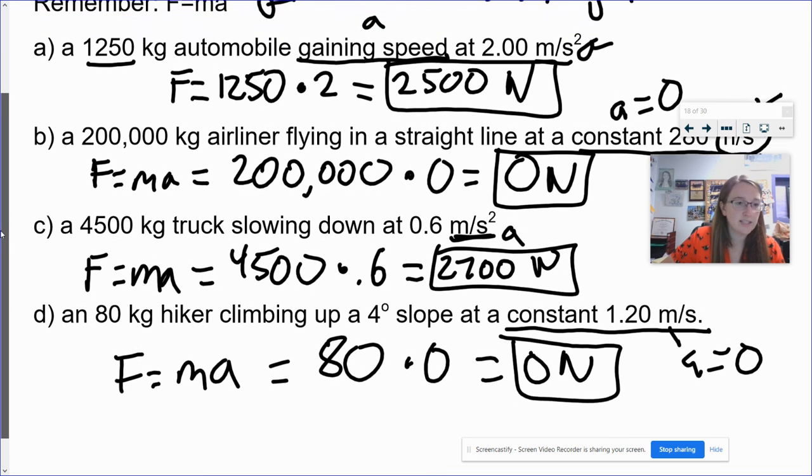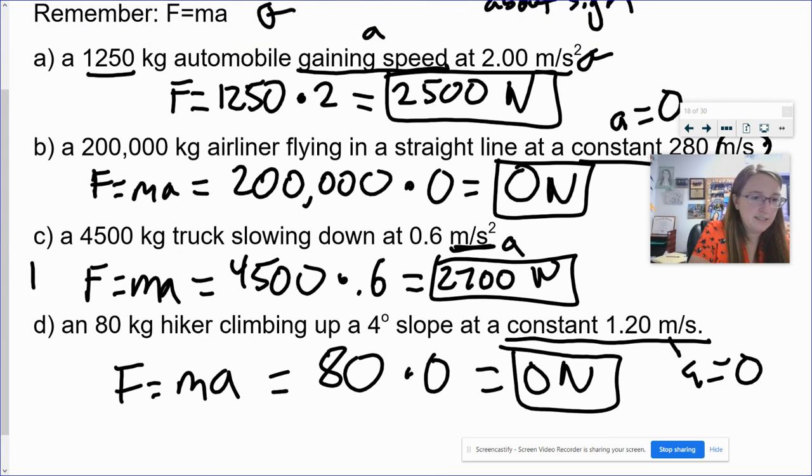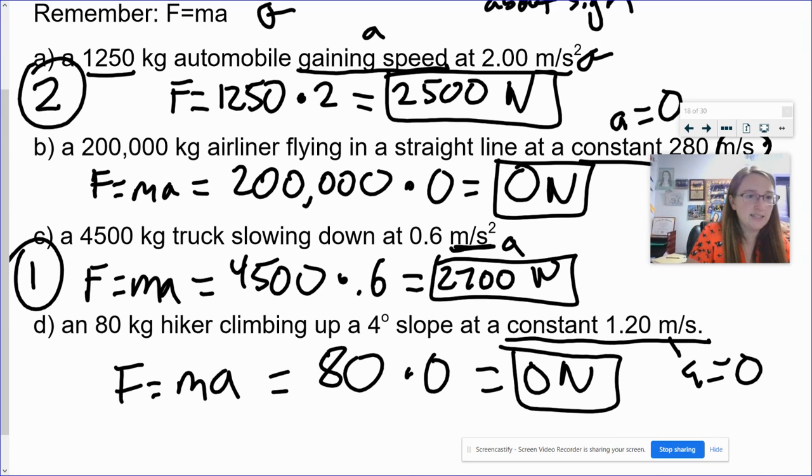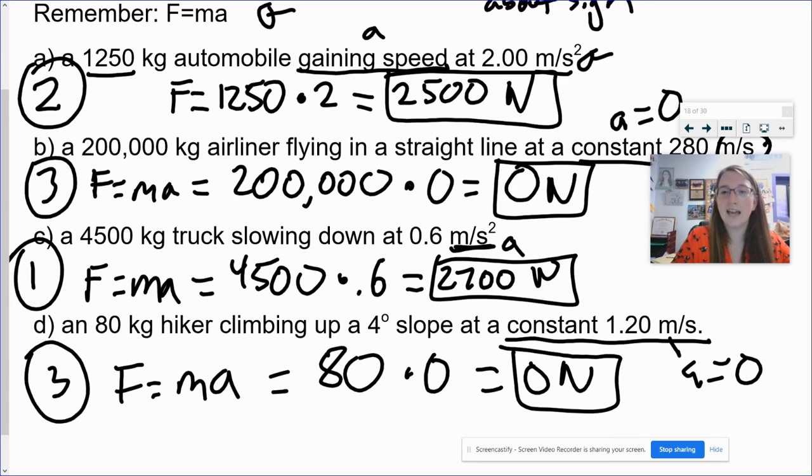So ranking these, we can see, obviously, that this is the greatest magnitude, this is the second greatest, and then these two are tied for third place. So in both of these cases, that's 0 newtons, guys. 0 newtons in both those cases, right? They're not going to feel any force on their body because they're not accelerating.